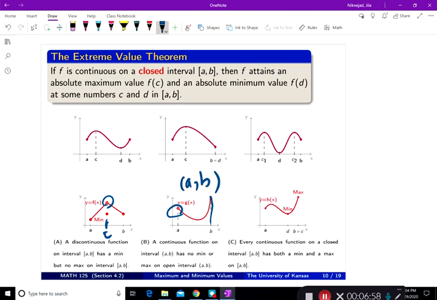And then you see that the value of g gets infinitely big, and there's no absolute maximum. Again, if the function is continuous on a closed and bounded interval, then there is always an absolute min and absolute max. And here's an example of it.